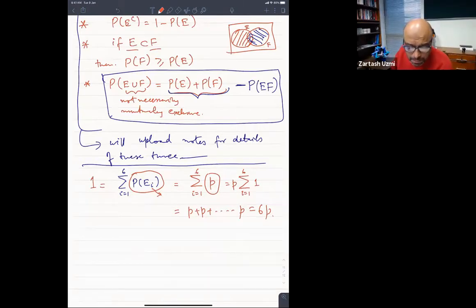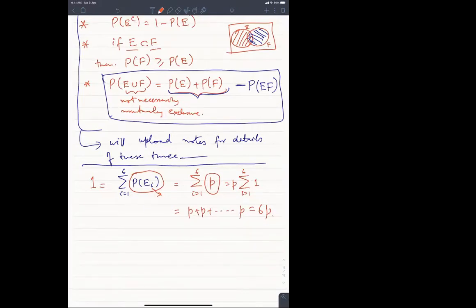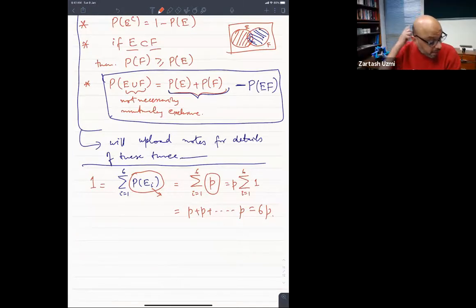Does that make sense? Yes, I understood sir. और ये P(E_i) हमने constant कर दिया because हमने ये कहा कि dice fair है, जो 2 के आने की probability है वही 3 के आने की है, वही 4 के आने की है, वही 5, वही 6. अगर dice fair ना होती तो फिर obviously ये answer ना होता. Okay, thank you. Great.